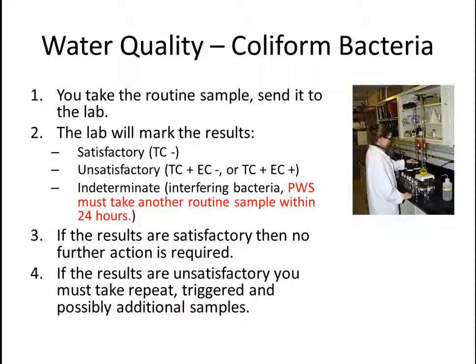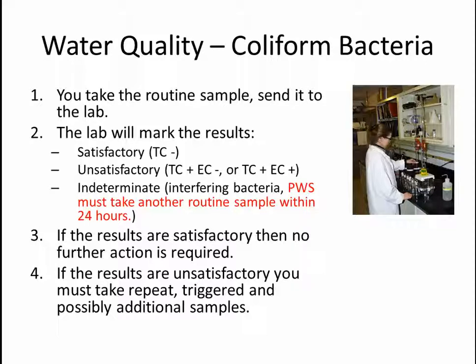The possible results are: a satisfactory result, which means it was negative for total coliform; an unsatisfactory result, which means it was positive for total coliform but negative for E. coli, or positive for both total coliform and E. coli. Those are both considered unsatisfactory. The last result you can get is called indeterminate, and that means that there were interfering bacteria, so the lab was unable to determine if it was positive for total coliform at all.